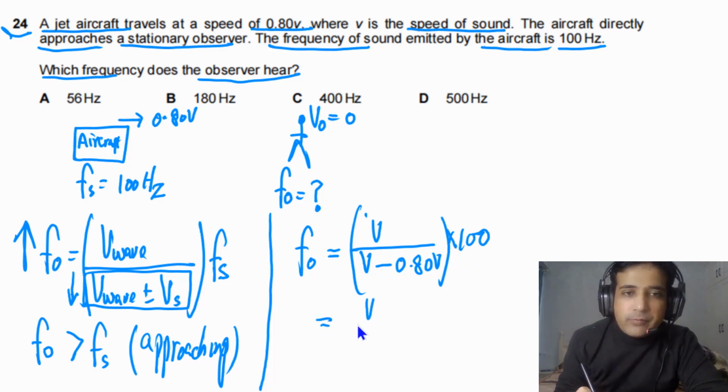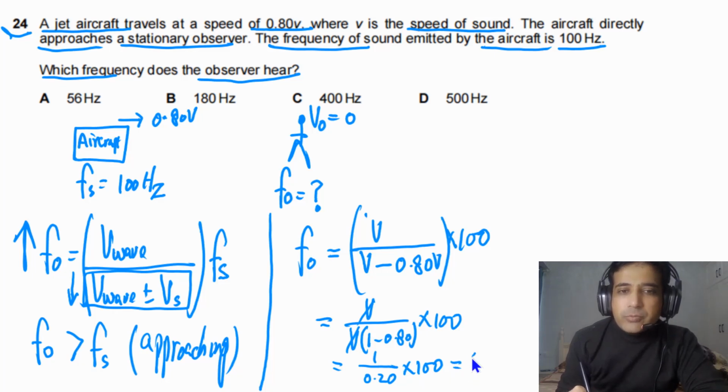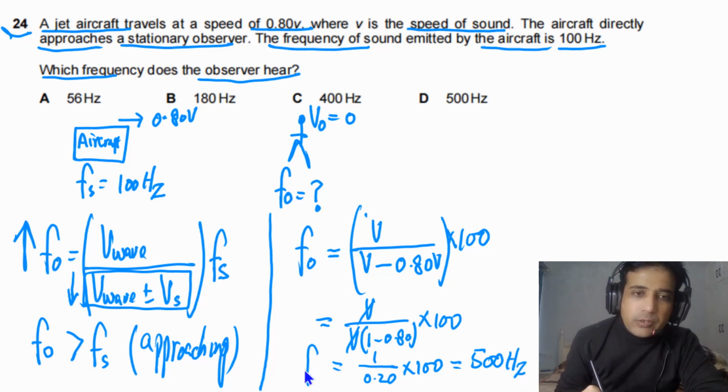We can simplify this: v divided by v times 1 minus 0.80, multiplied by 100. The v cancels out. Here we get 1 over 0.20 multiplied by 100, and if we solve this, our final answer is 500 Hz. This is the frequency of sound observed by the observer.